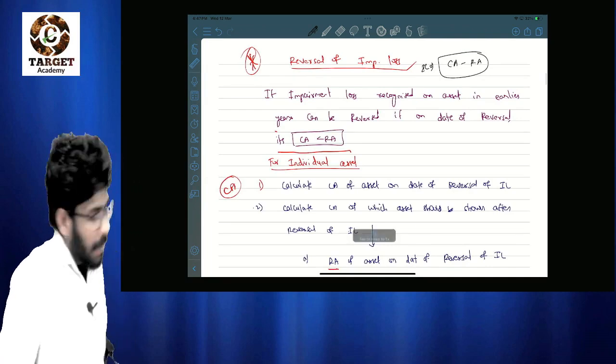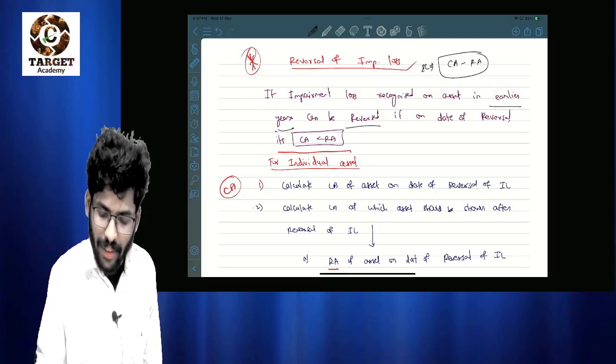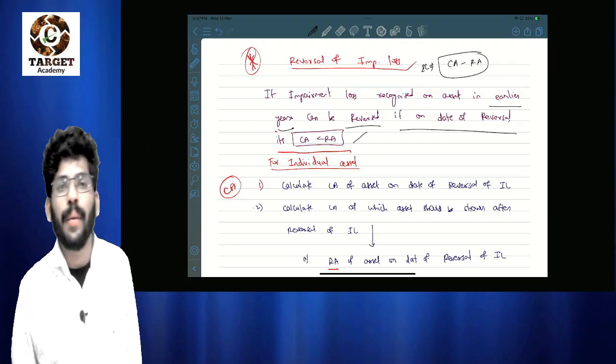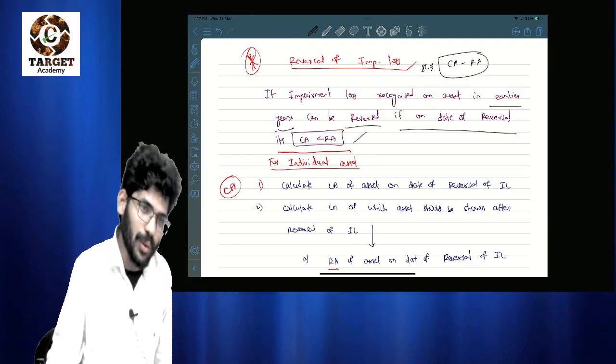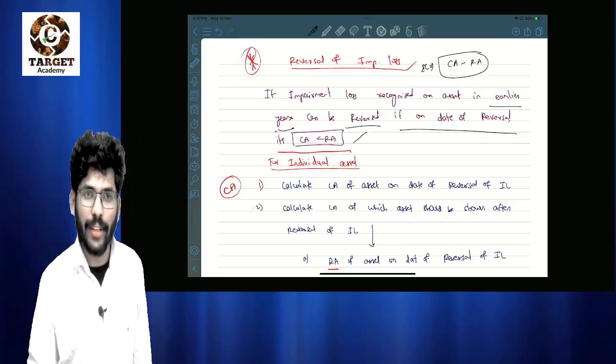Please read the point. Impairment loss recognized on an asset in earlier years can be reversed if, on the date of reversal, its carrying amount is less than the recoverable amount. Yes, we already discussed that. You understood?